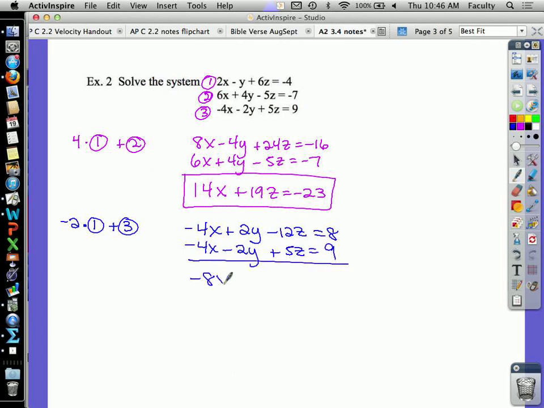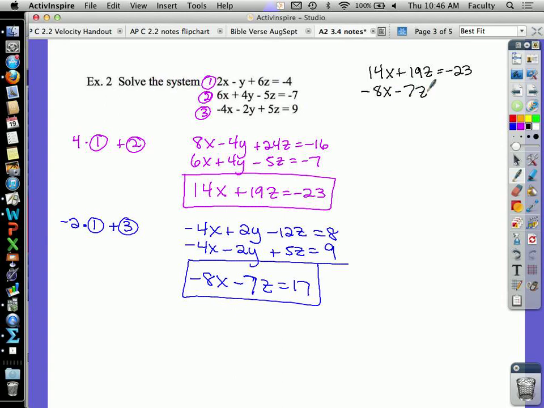So I get negative 8x minus 7z equals 17. So let me put those two together. 14x plus 19z equals negative 23. Oh, yuck.